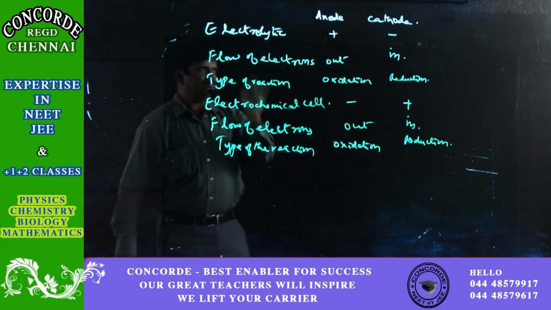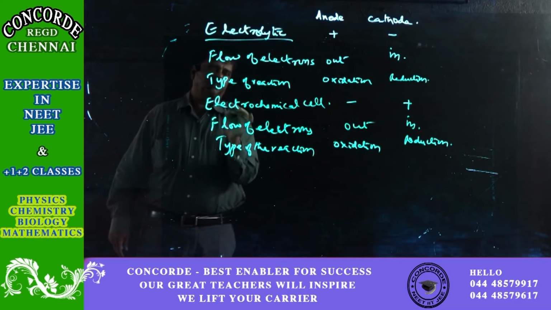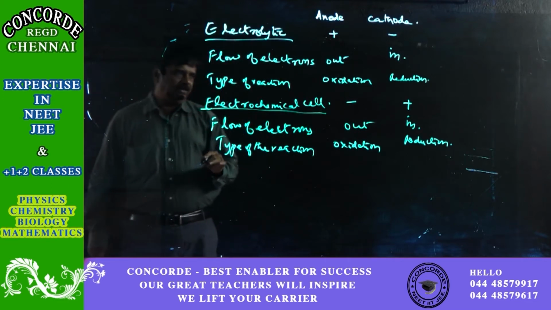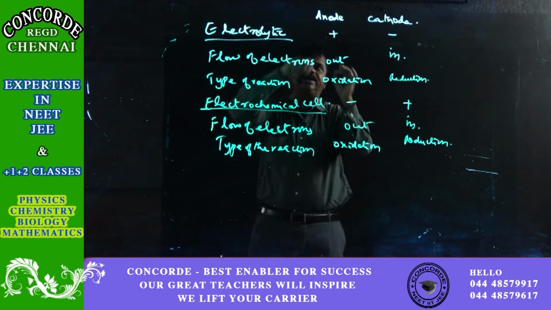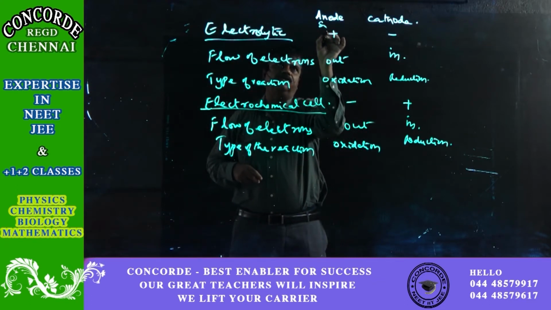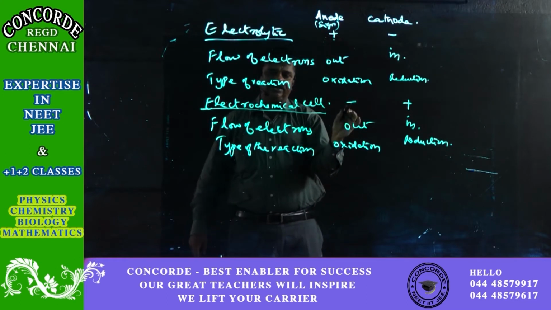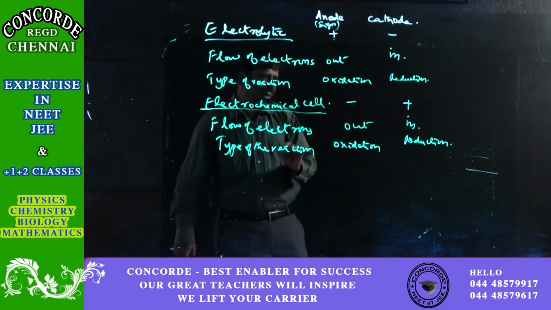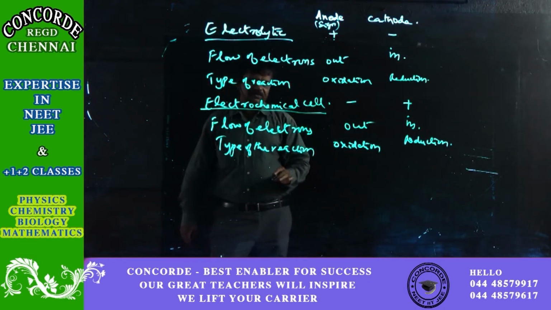I hope you understood the difference between the electrolytic cell and the electrochemical cell. Except for the sign of the anode, which is positive in electrolytic whereas in electrochemical it is minus, this is a small change which you have to note, otherwise both are the same.